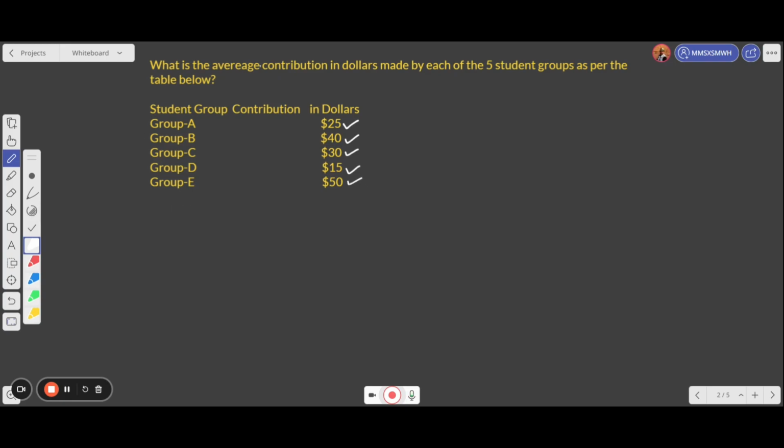So how do you find the average? So average, we thought in the previous problem, average equal to sum of quantities divided by number of quantities.